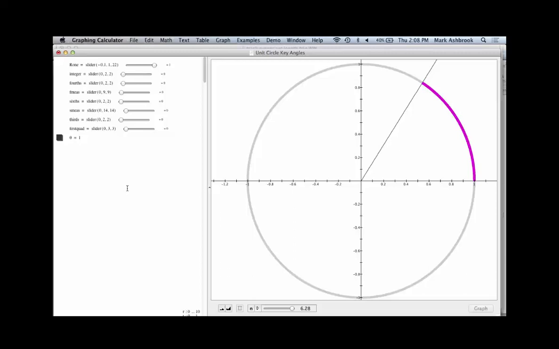And from that we could easily get whole values of radians. So we could go 1, we could go 2, and then 3 and 4, and these spots mark off amounts of openness that give us whole numbers of radians.